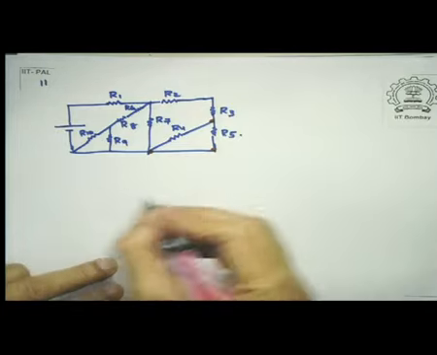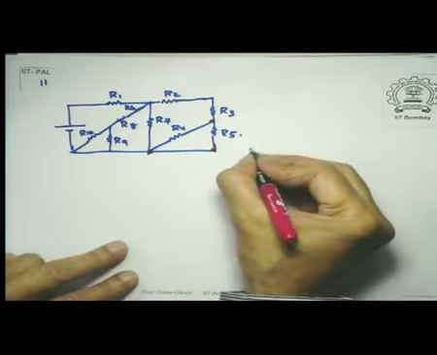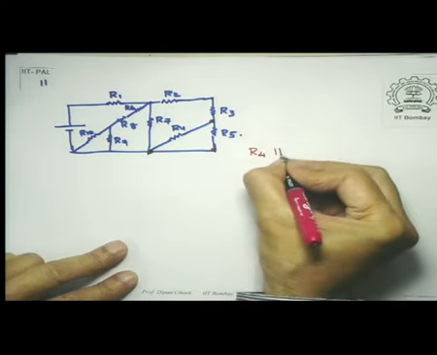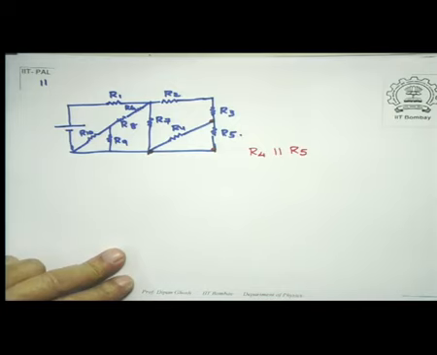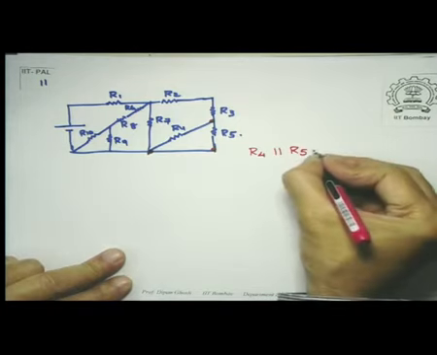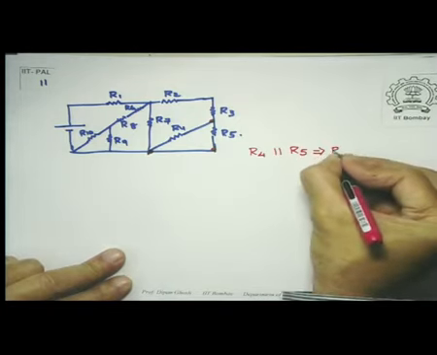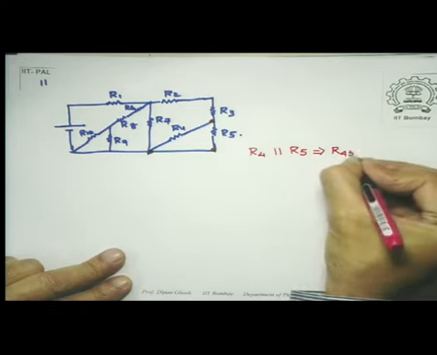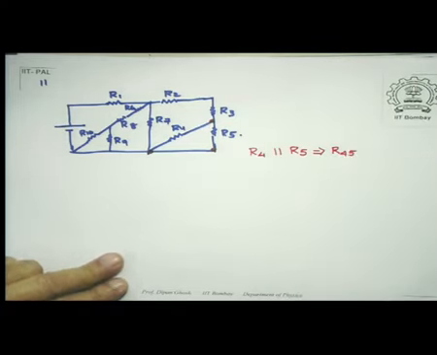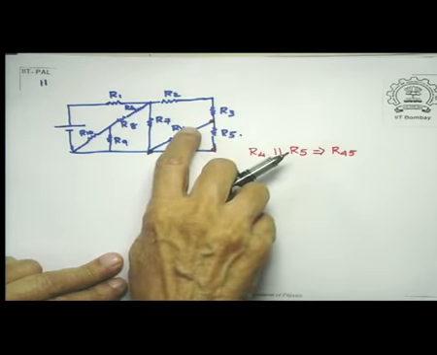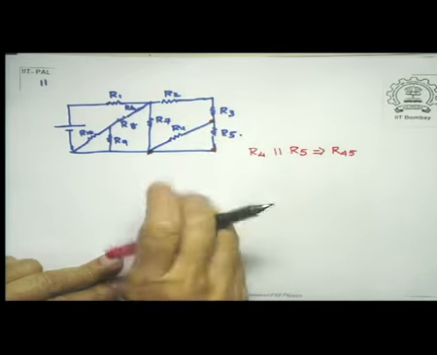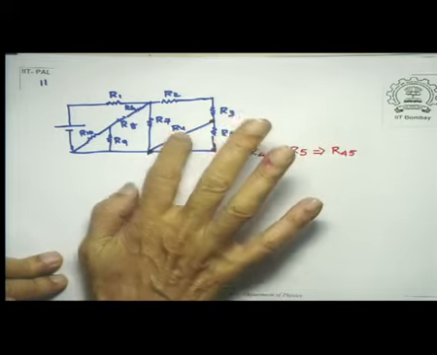So, let us write down R4 parallel to R5. Let us denote their equivalent resistance to be R45. So, I will remove this section and put a R45 there.